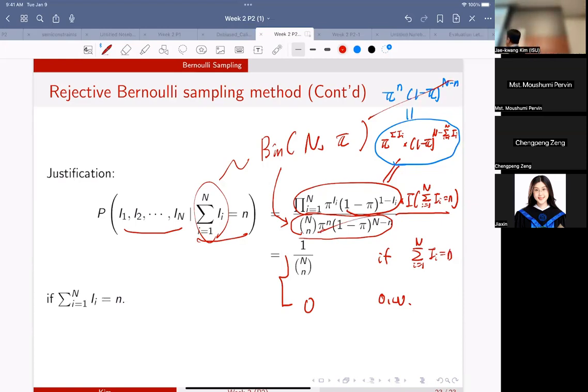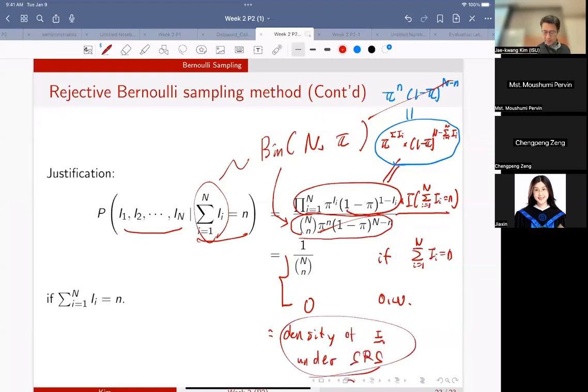Eventually you get just the constant 1 over the combination, which is the joint density of the sampling indicators under simple random sampling, right? So that shows the equivalence between rejective Bernoulli sampling and simple random sampling. That's kind of interesting.